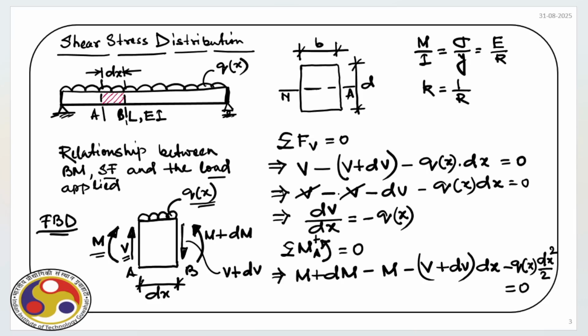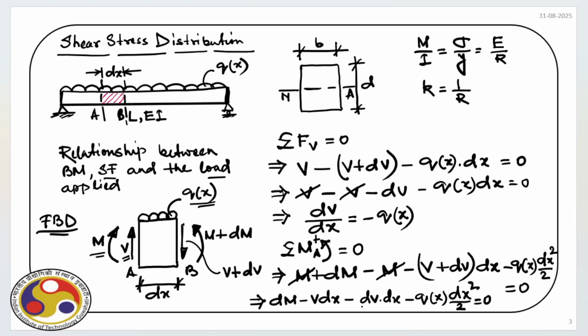Now, obviously, this M and this M get cancelled. So what we have here is dM minus V dx minus dV times dx minus q(x) dx squared by 2 is equal to 0.